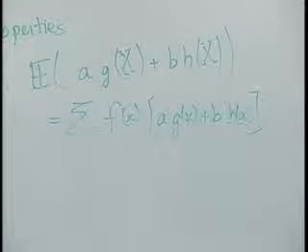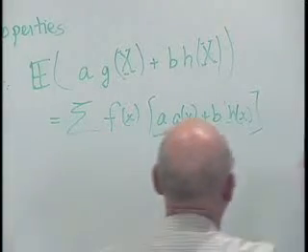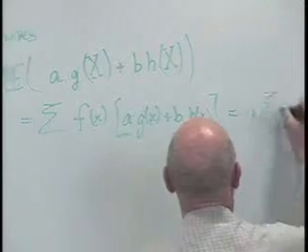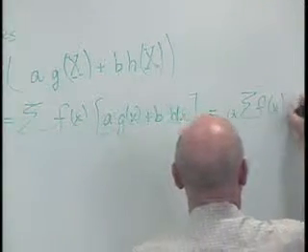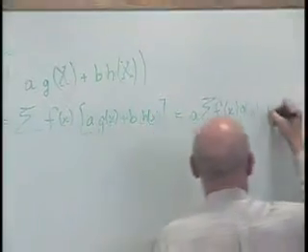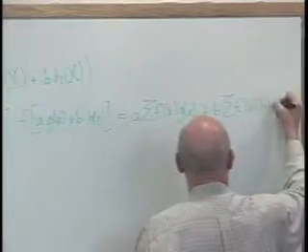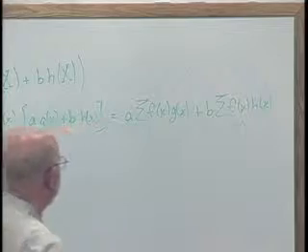Now, this has nothing to do whatever with probability theory anymore. This is just basic math. It's a summation. And I can write this as a times the sum of f of x, g of x, plus b times the sum of f of x, h of x.